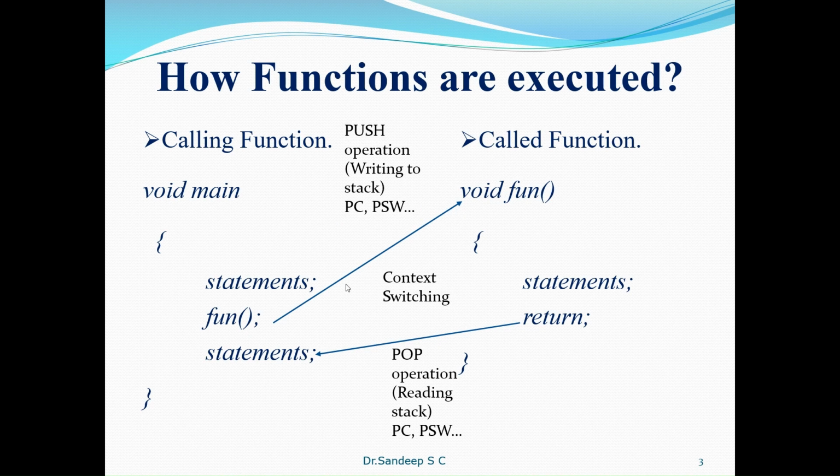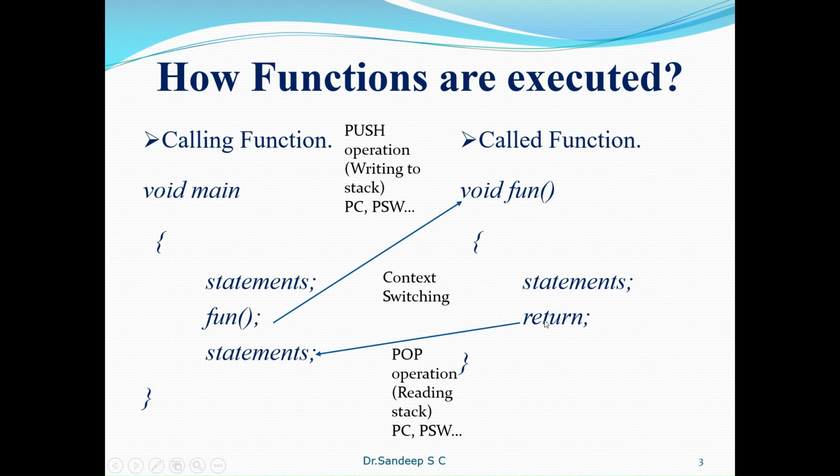However, if the programmer wants, he can store additional variables or data also in the stack using a push instruction. This is the instruction to write to the stack, or push to the stack. Once we store all the data required in the stack, the control goes to the called function, and it executes the called function.